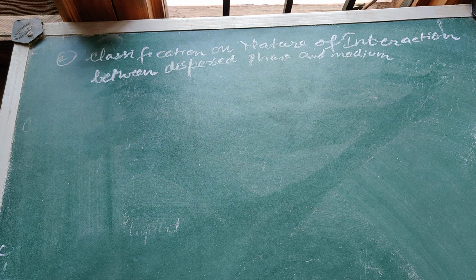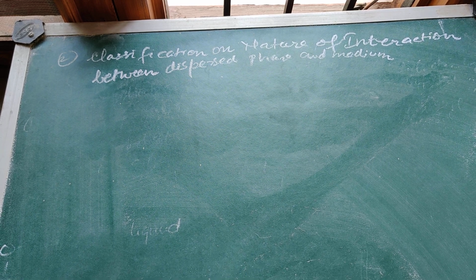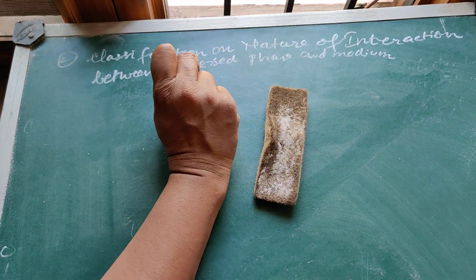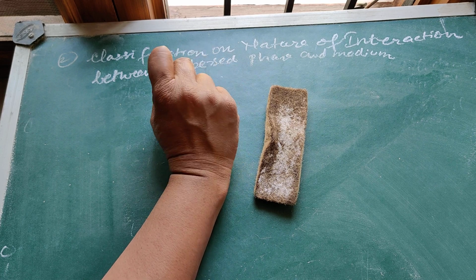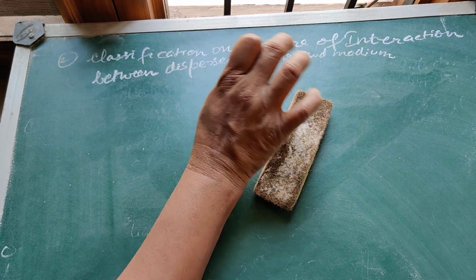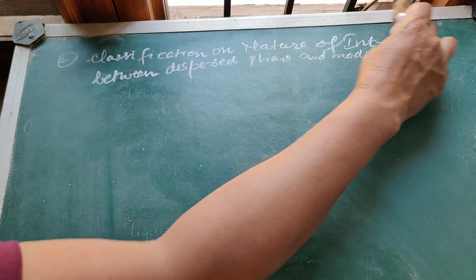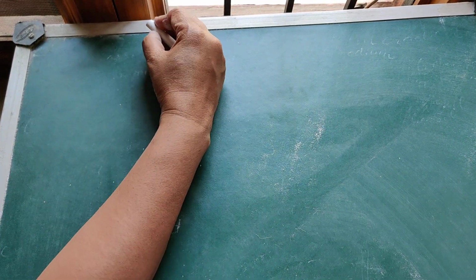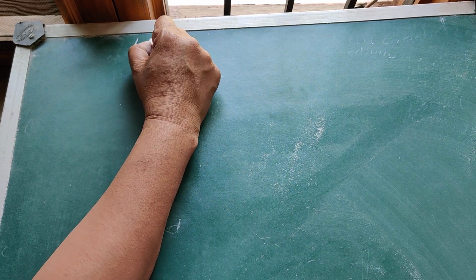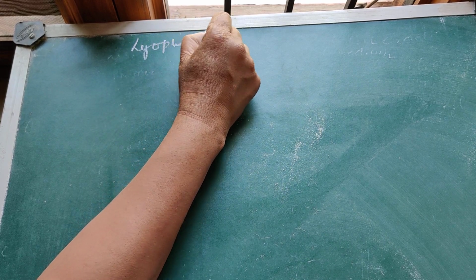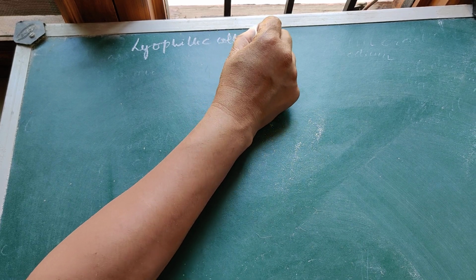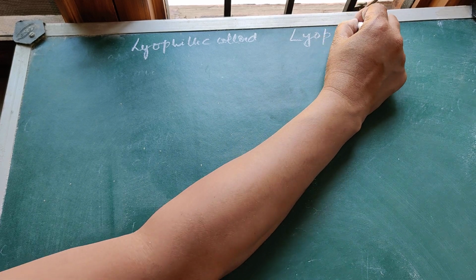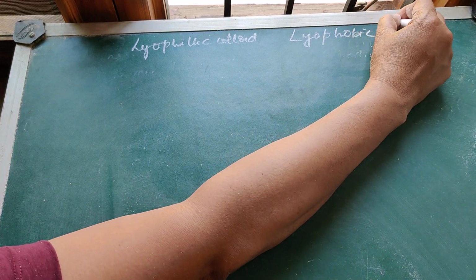These two topics I will explain according to the difference between them, and you can understand individually what is lyophilic colloid and what is lyophobic colloid. So two types of colloid are there in this category, that is lyophilic colloid and lyophobic colloid.